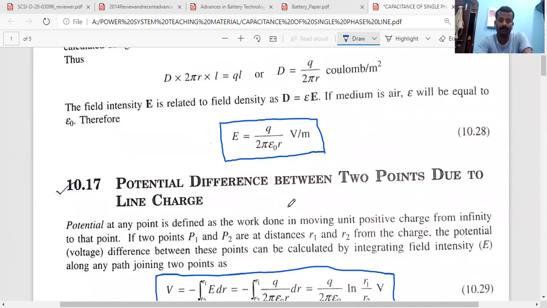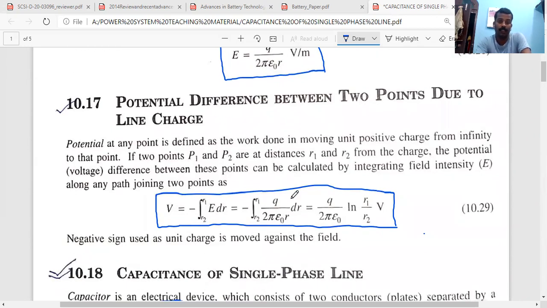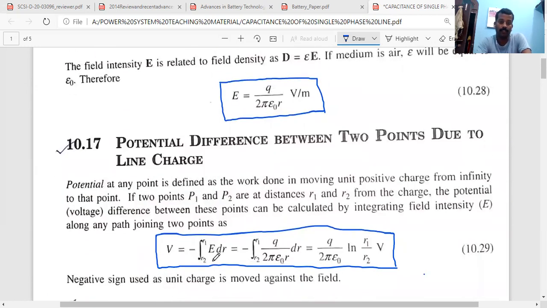Now consider the potential difference between two points due to the line charge. We will integrate the electric field intensity between the two points R2 and R1.